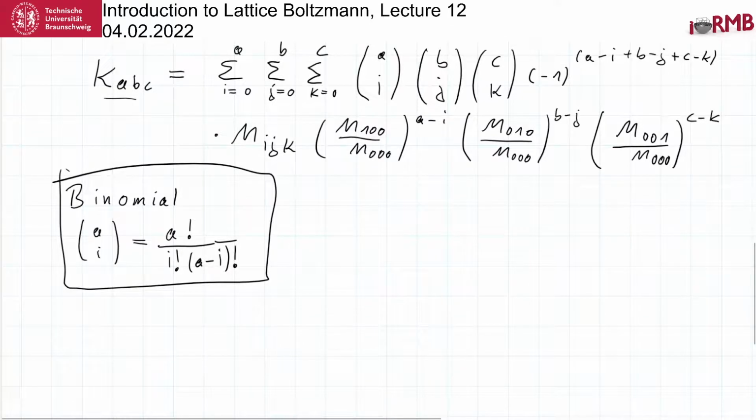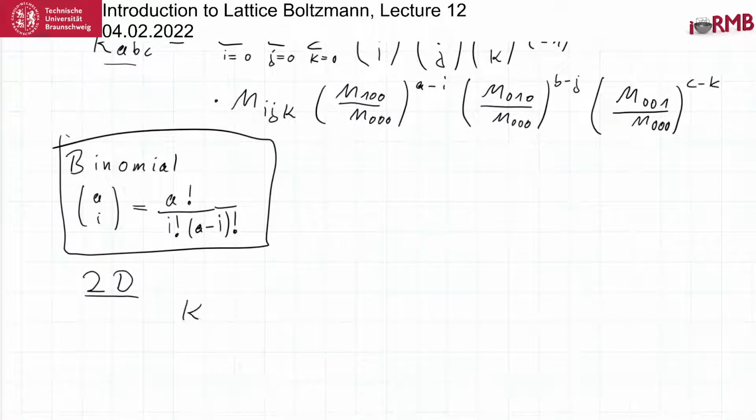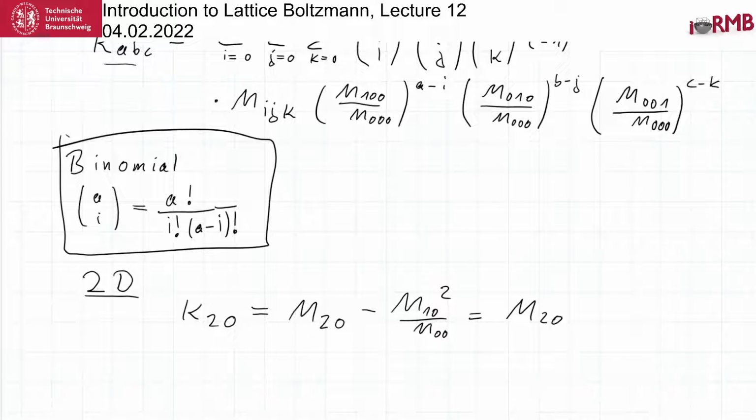and now we look at it first in 2 dimensions. So what does it mean? If we have k20, and we put this into this equation and just give the results, k20 is m20 minus m10 squared divided by m00, which we can also write in a more compact fashion as m20 minus u squared rho.